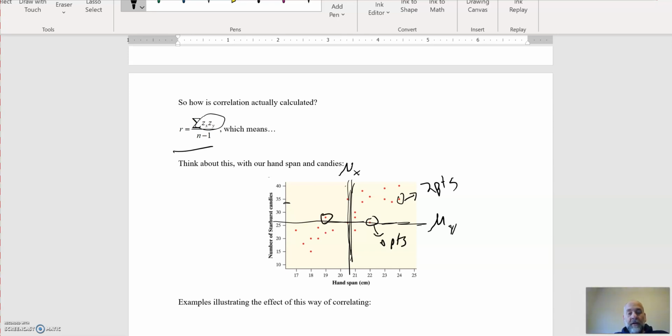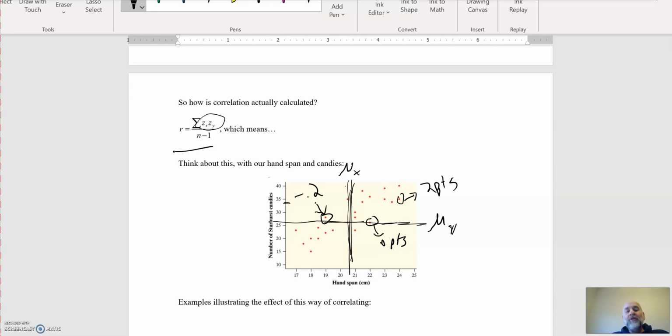And like one here, the z-score for x is about -0.7, negative 1 or something like that, and the z-score for y's is pretty small, like 0.2 or something. Notice that because one is positive and one is negative, it contributes maybe, I'm just guessing a number, -0.2. But remember, you never have to do it by hand. This is just for the idea.